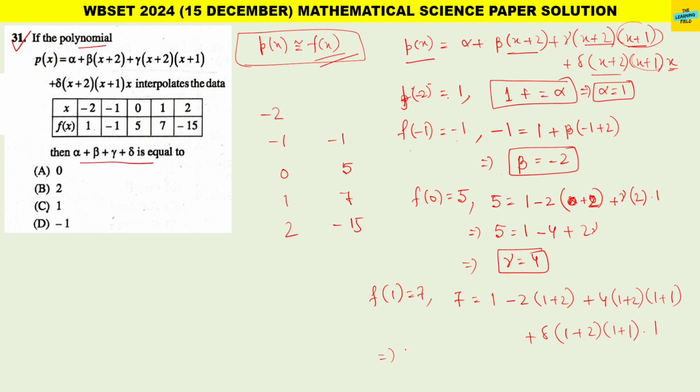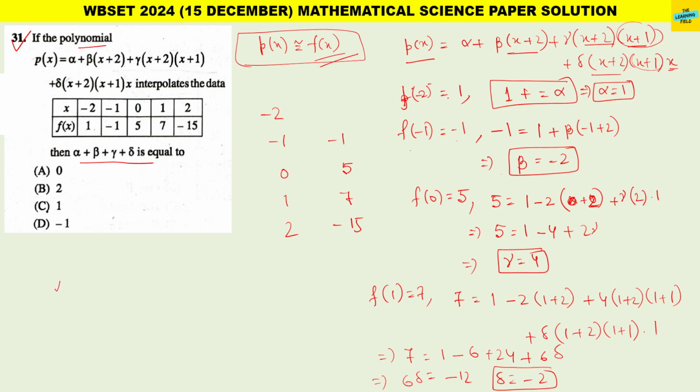So this implies 7 equal to 1 minus 6, plus 24, plus 6 delta. So 6 delta equal to what? 7 minus 1, minus 6, minus 24, and so it is minus 12. So delta equal to minus 2.